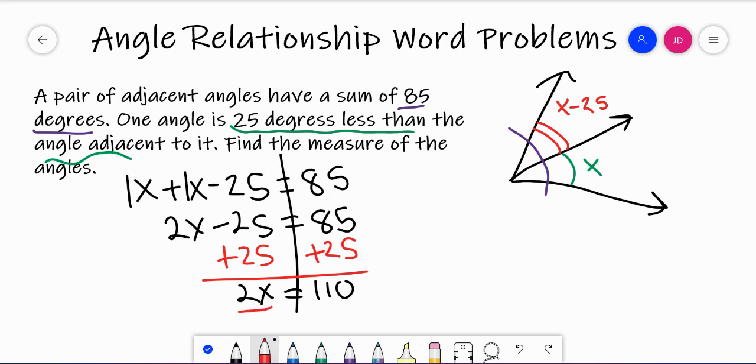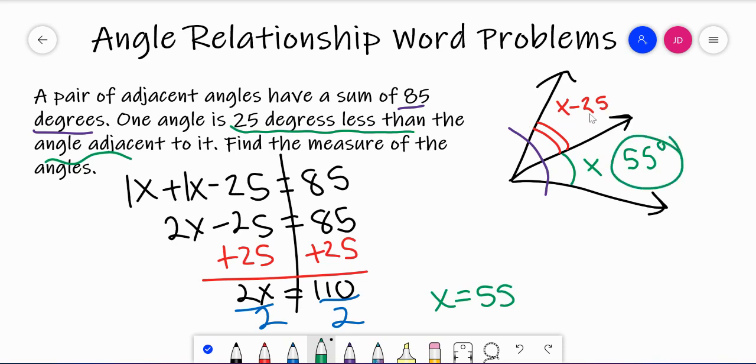Divide both sides by 2, and you're going to get x is 55. So that is the measure of this angle right here, 55 degrees.